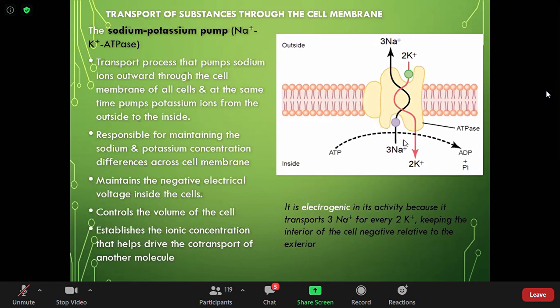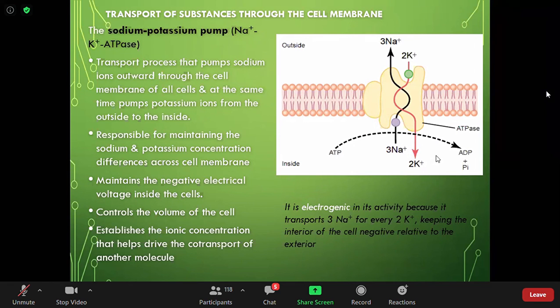And this involves energy, the sodium potassium ATPase enzyme. So this pump involves energy expenditure. With the action of your ATPase enzyme, 1 ATP is used for every exchange.